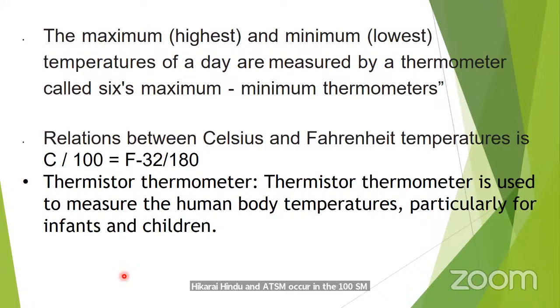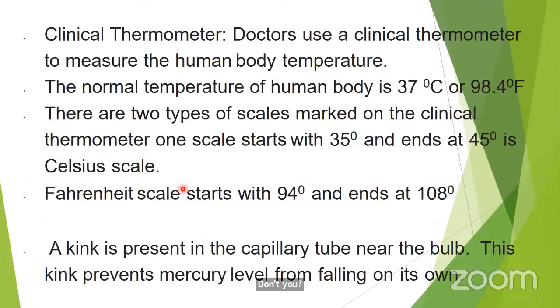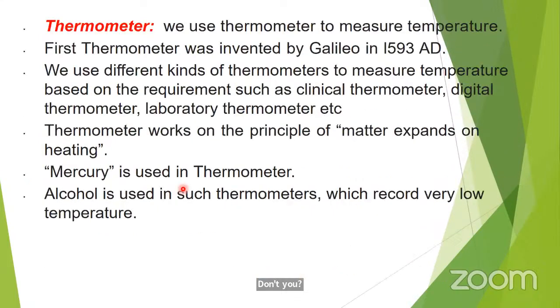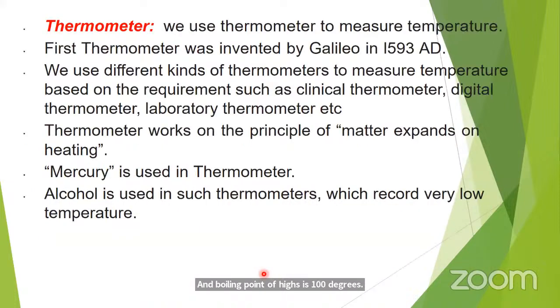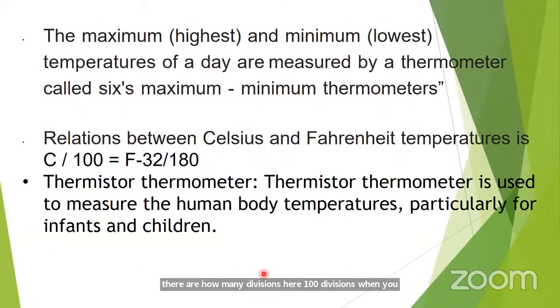So why is there a formula like that? Should put a question, don't you? Here, as earlier I said, children, the melting point of ice is 0 degrees and the boiling point of water is 100 degrees. There are how many divisions here? 100 divisions when you are expressing in centigrade scale.